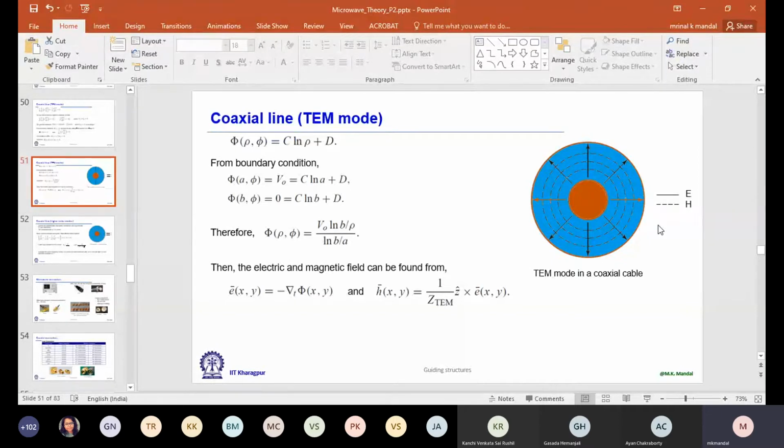One, the magnetic field must be perpendicular to the electric field and it forms loops. So the magnetic field forms loops just like for a single current carrying wire, surrounding the central conductor. So in the direction of propagation, we don't have any electric or magnetic field component. So this is the plot for the electric field and magnetic field.